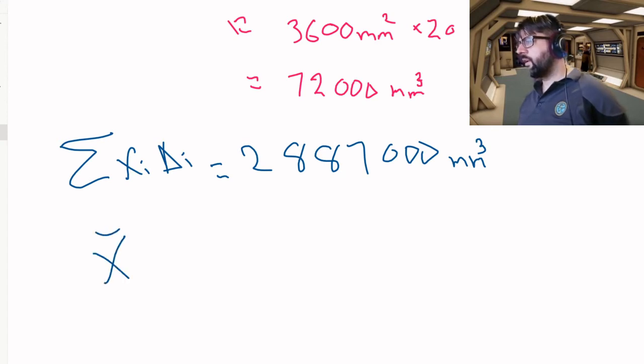And then to get our X bar location, that's equal to that divided by our total area.